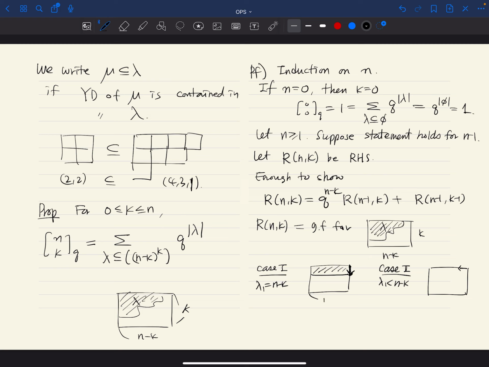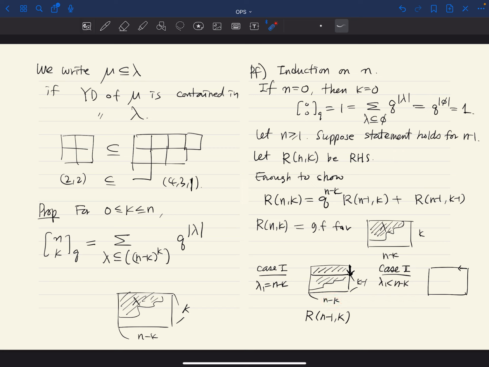Now you have to find the partition here except the first row. That is exactly R of n minus 1, k minus 1, as k. Yeah, this is n minus 1 minus k minus 1, so that's this.